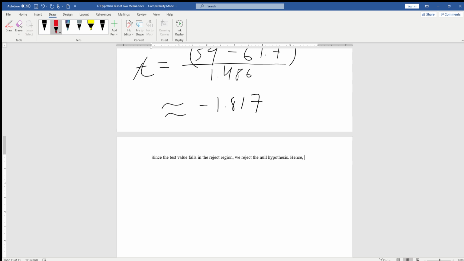Hence, there is significant evidence to suggest that the average height of 12-year-old females is different than the average height of the 13-year-old females. All right, so hopefully that makes sense to everybody. I would suggest going back through, making sure you can do the degrees of freedom formula as well as that estimator of the standard deviation formula.